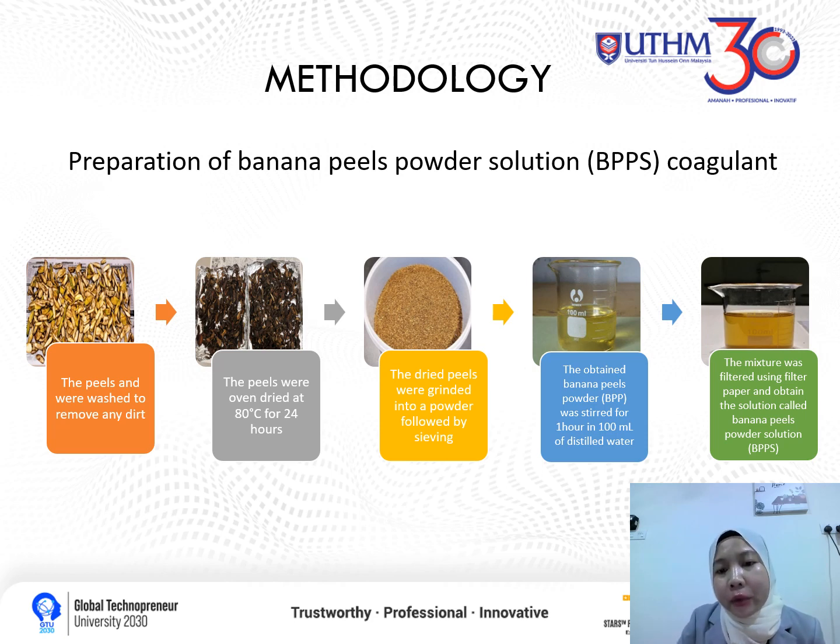The obtained banana peels powder, BPP, was stirred for 1 hour in 100 ml of distilled water. After that, the mixture was filtered using filter paper to obtain the banana peels powder solution.